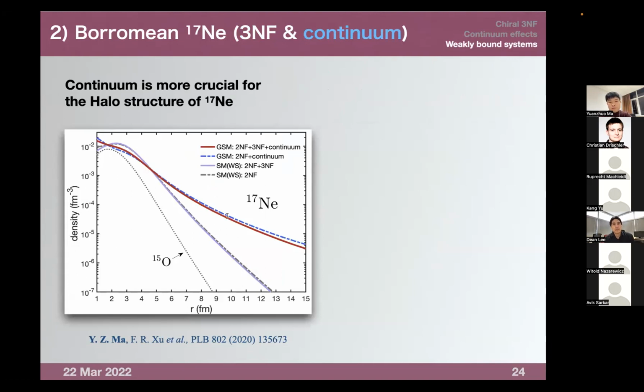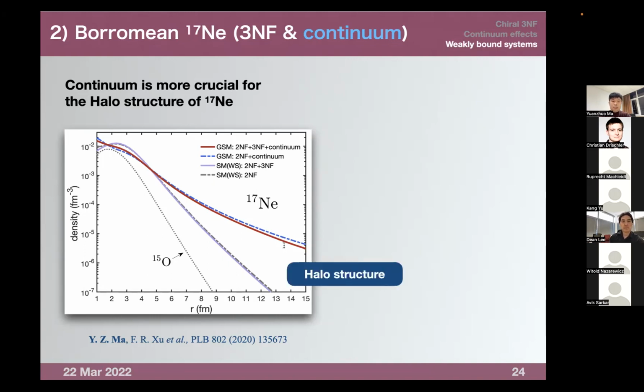From the comparison of the red and the blue dashed lines, we found that the three-nucleon force has little influence on the density distribution, while from the comparison between the red one and the purple one, in which we do not include the continuum, we found that the continuum plays an important role, especially at a large distance. This density distribution at a large distance also suggests that Neon-17's ground state may have some halo structure.